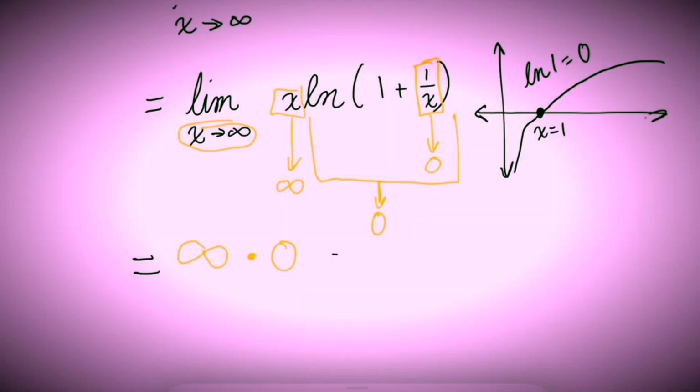So what we're going to have to do is rewrite it, which is the same thing as this because it's the reciprocal. And then right now, you can use L'Hopital, and then solve the problem.